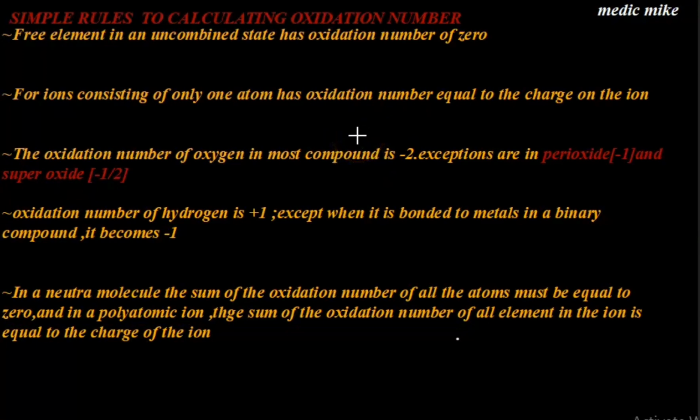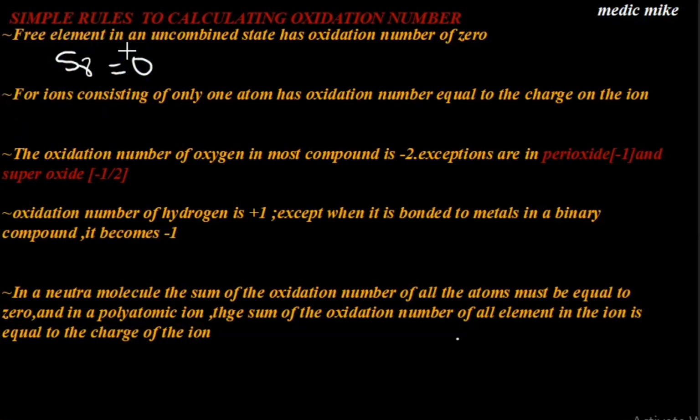The first rule you need to note is that free elements in an uncombined state have oxidation number of 0. For example, we have sulfur, S8. The oxidation number of S8 is equal to 0 because it is an uncombined state element in its free state.